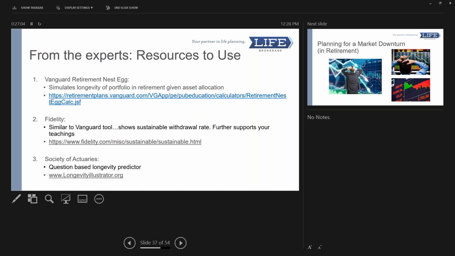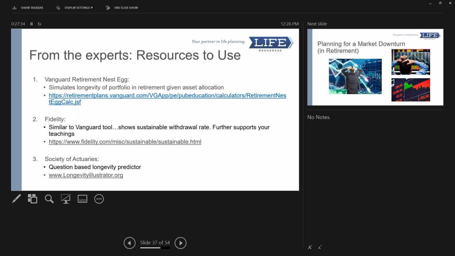Three great resources to use. The Vanguard Retirement Nest Egg simulates the longevity of a portfolio if you're 50/50, 60/40, 80/20. What it'll show you is that the more conservative you get, the lower the performance and the lesser the longevity. Fidelity puts out a great tool also. It shows withdrawal rates, so you can see a 4%, 3%, or 7% withdrawal rate and what happens.